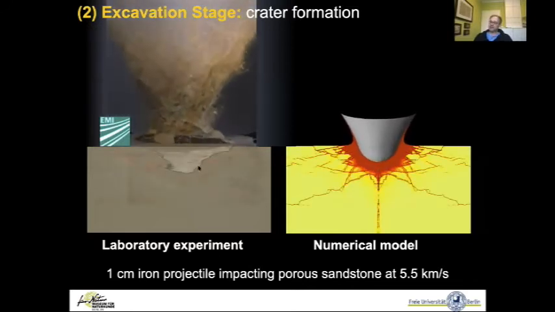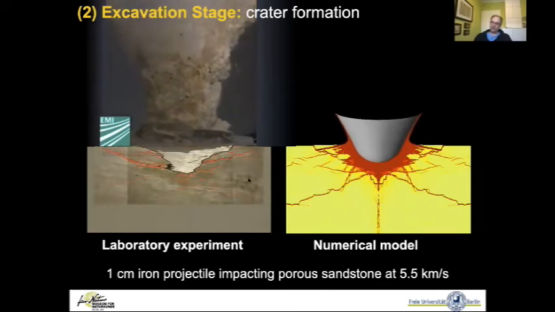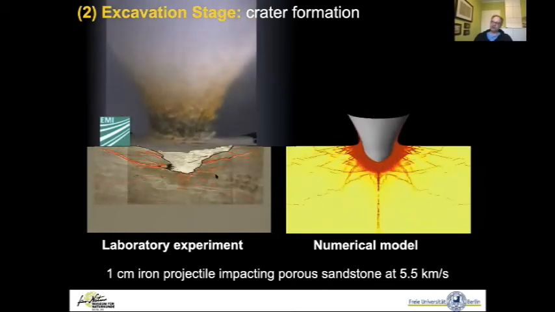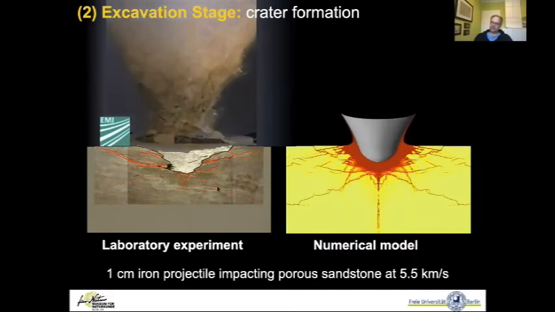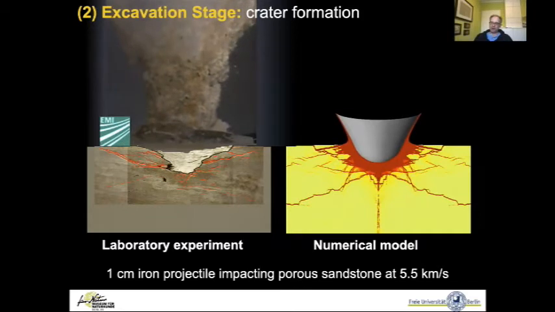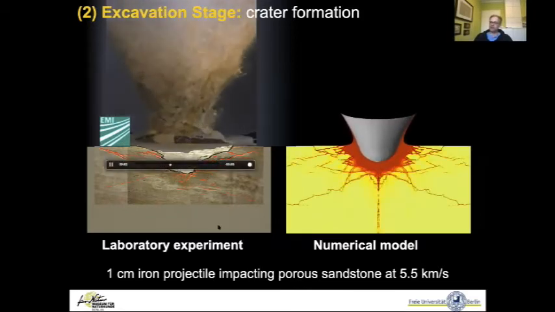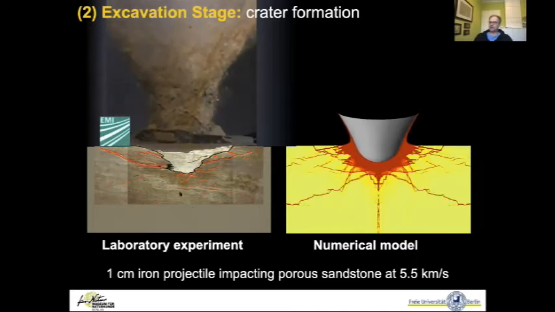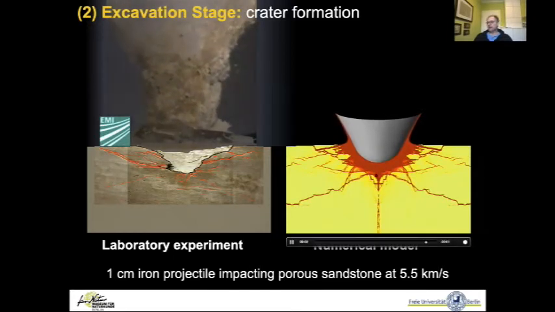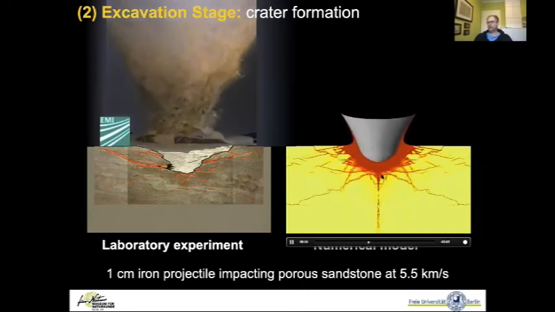Of course, this is not what we can observe with a high-speed camera, but afterwards we can cut the rock and look at how the crater looks underneath. So we see a lot of fracturing going on. That's also very important when we use geophysical methods to study the crater. But we get some sort of a crater cavity, and that looks somewhat similar to what we see also in a numerical model.